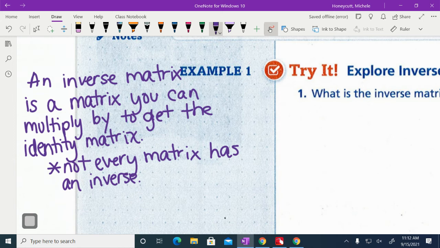Alright, so inverses. You multiply a matrix by its inverse, you get the identity matrix. Good there? Okay.